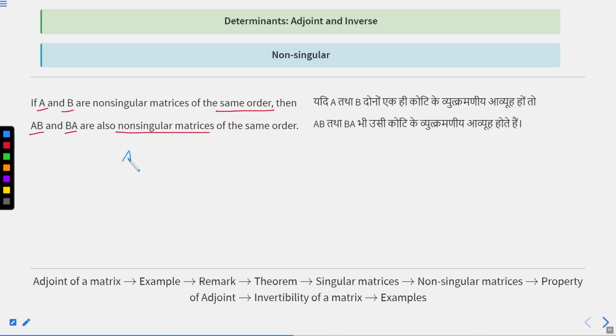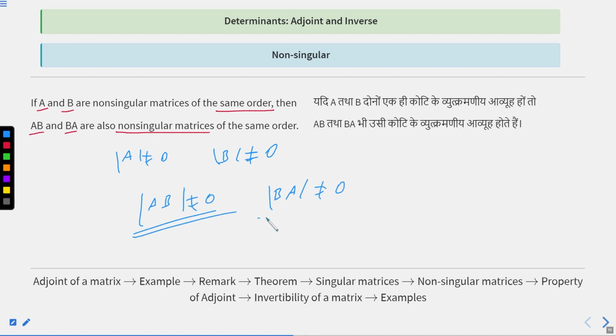What it says is, if determinant of A is non-zero and determinant of B is non-zero, then determinant of AB and BA both are going to be non-zero. Okay, clear? We are not going into the proof.